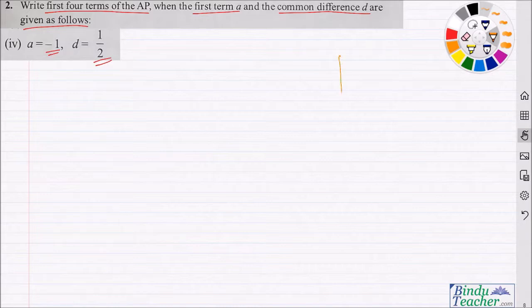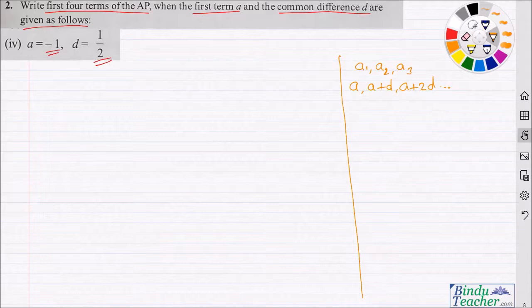But before that, let's write the form of an arithmetic progression or the formula of an arithmetic progression. So given numbers a1, a2, a3, we can say it is an arithmetic progression if they are of the form a, a plus d, a plus 2d, and so on.